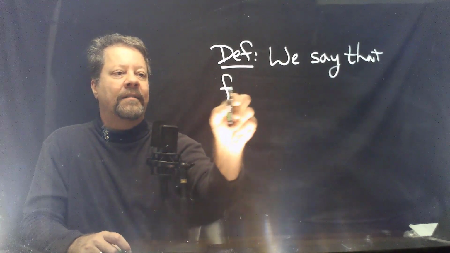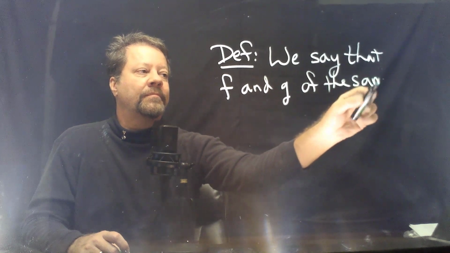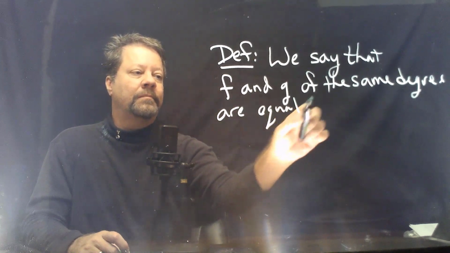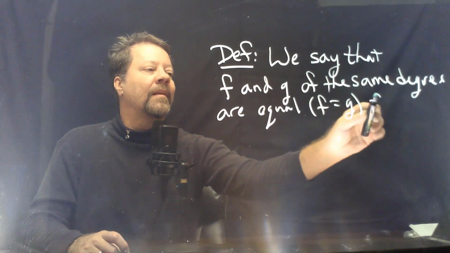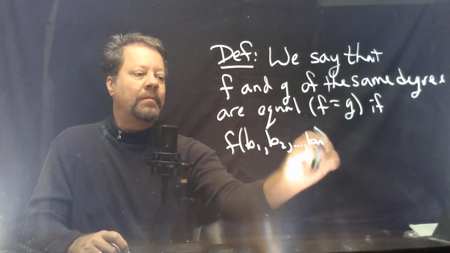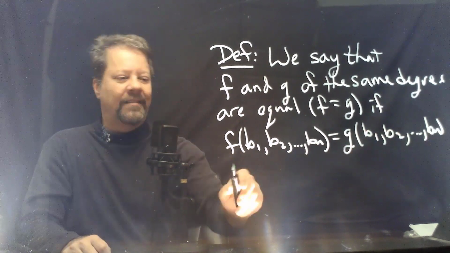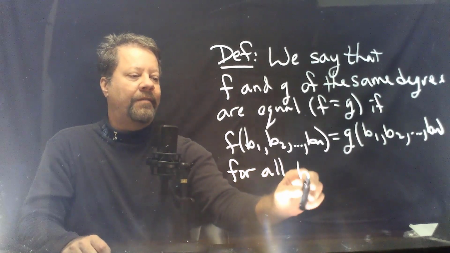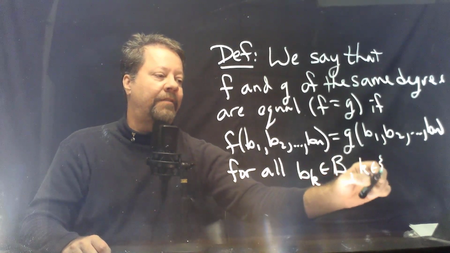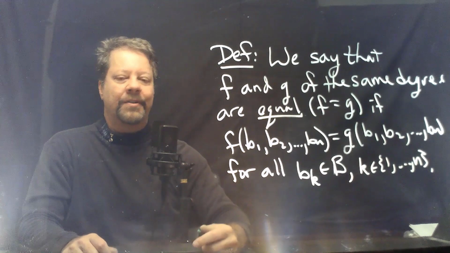We say that f and g of the same degree are equal, and write f equals g, if they have the same values for all of these bk's, taking their values in B, which are zeros and ones, and k running from 1 to n. That's what it means for these two functions to be equal.